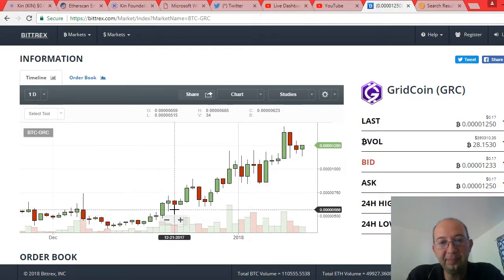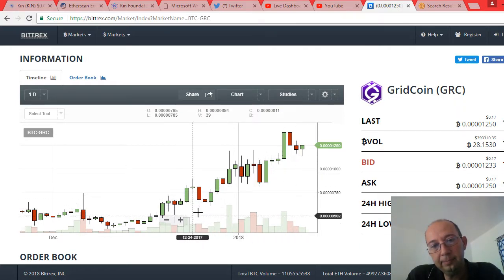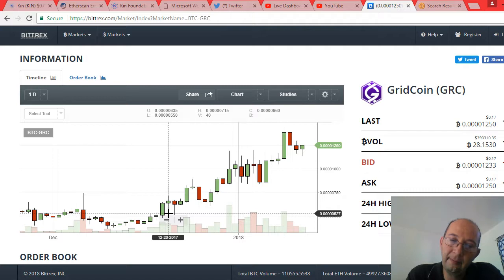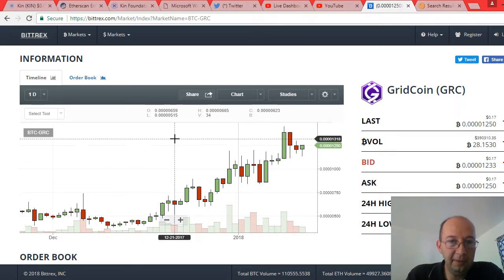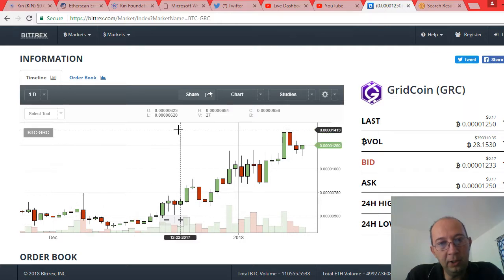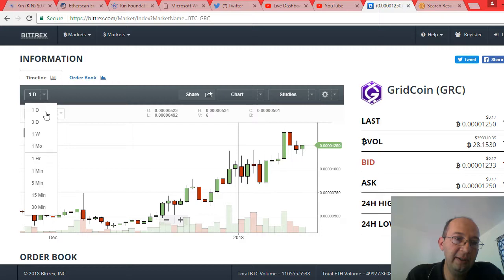And look at this. Okay, this is a steady upward trend. Most pump and dumps, you'll see the flagpole, right? The huge rise. Let's go into a larger chart of this. That's a 1-day chart.